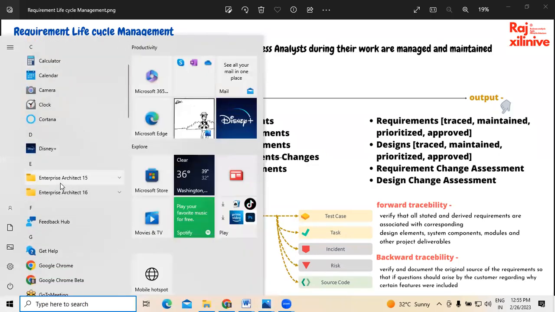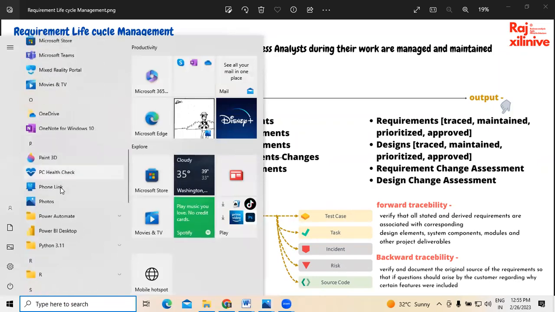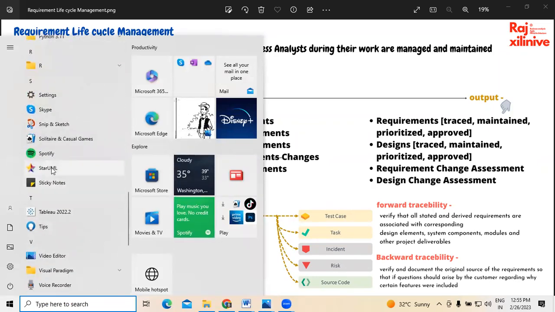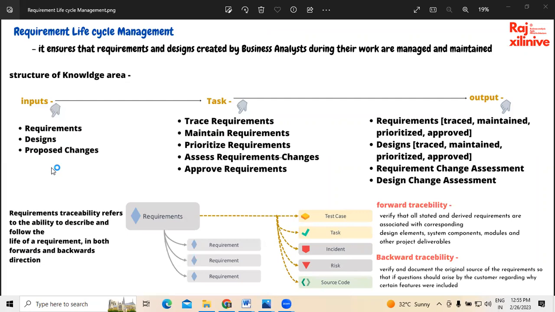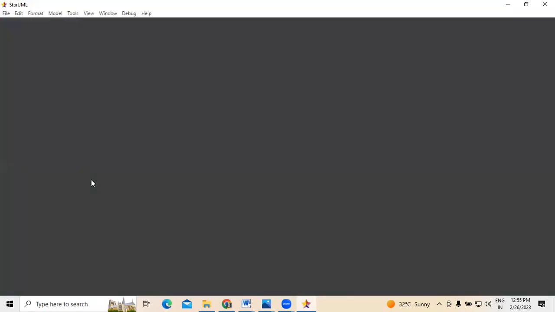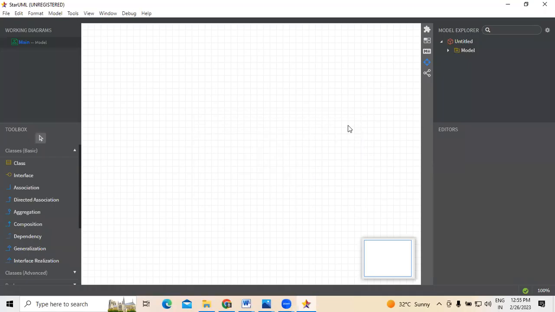Here is Star UML, which is software used to prepare UML diagrams. This is easy to install and won't take much time. Trial version, of course. Right. So here, there are different models you can see, right?